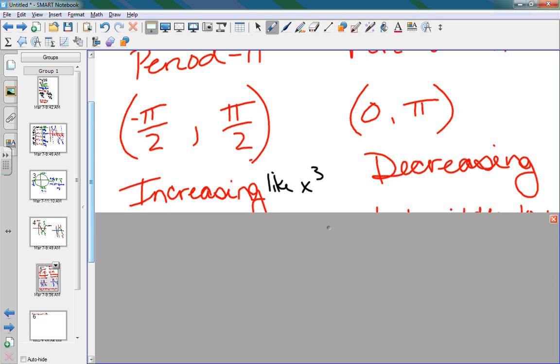And cotangent is going to be a decreasing function looking like negative x cubed. What does x cubed look like? Spaghetti, right? Tangent and x cubed look like spaghetti. Cotangent is going to look like the negative decreasing spaghetti. Slide it over the y-axis. Okay.